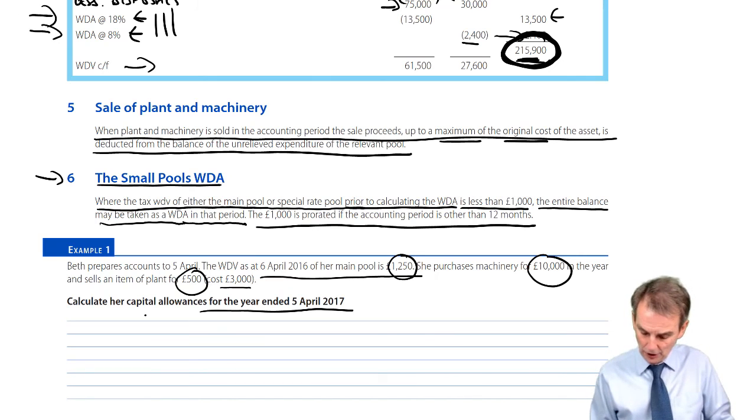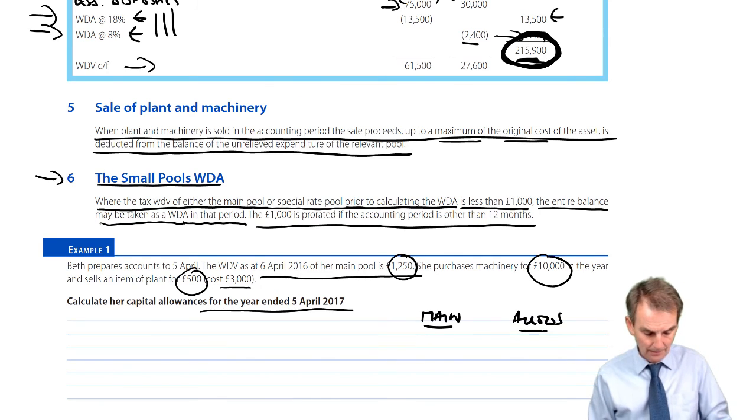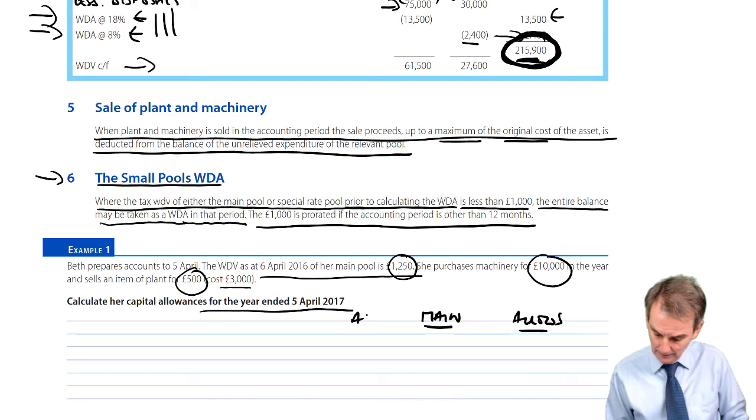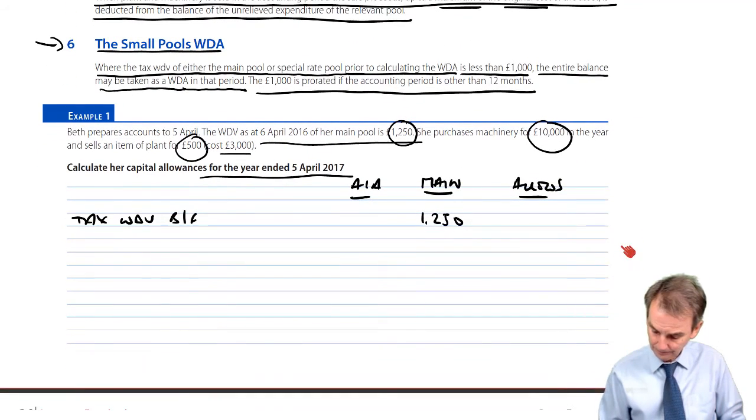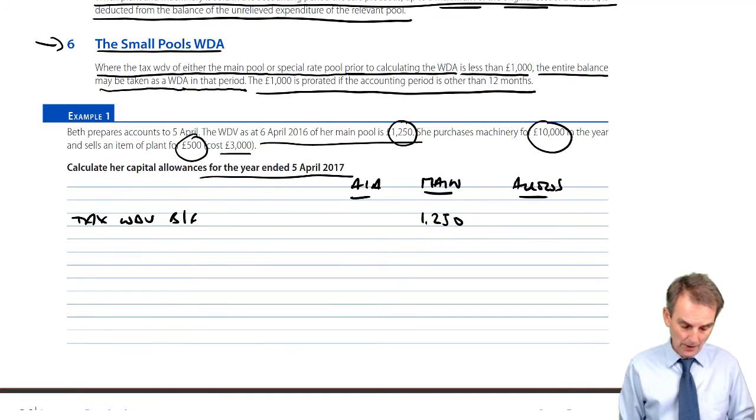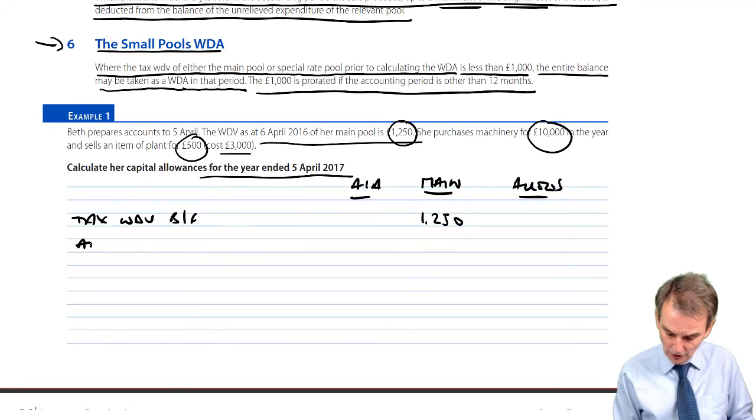We're going to have just a main pool. We'll also need to know the allowances, and we're going to have our AIA column. What's the tax written down value brought forward at the start of the period? £1,250 there. What are the additions that qualify for AIA?